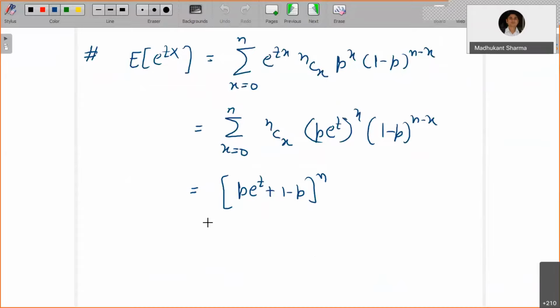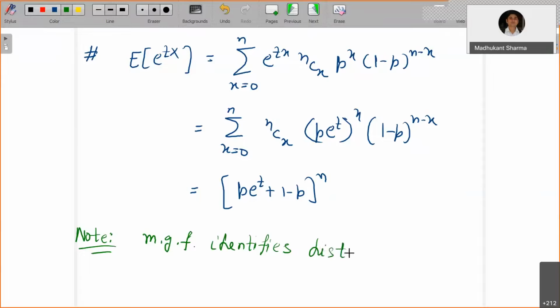I have given you the hint, and one more thing I can give you is the note that the moment generating function, which in short we will say MGF, identifies or determines a distribution function uniquely.